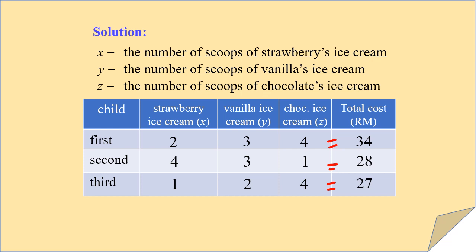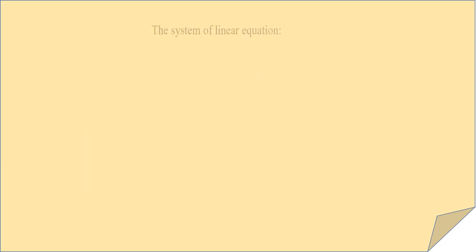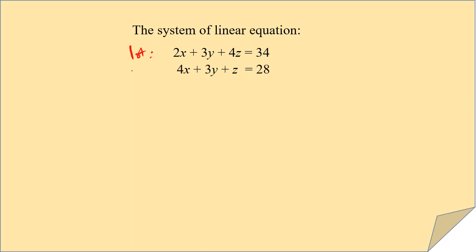Okay, now writing down the system of linear equations, we have 2x plus 3y plus 4z equal to 34, which is for the first child. For the second child it is 4x plus 3y plus z equal to 28. And the third child is 1x plus 2y plus 4z equal to 27 cost.